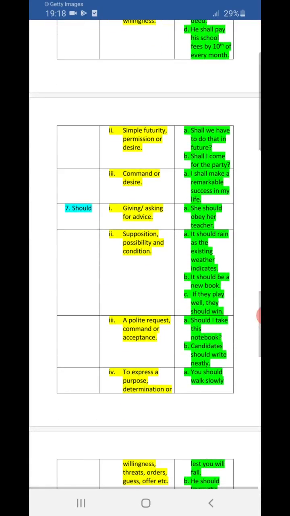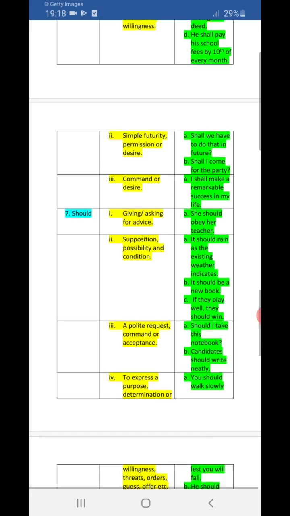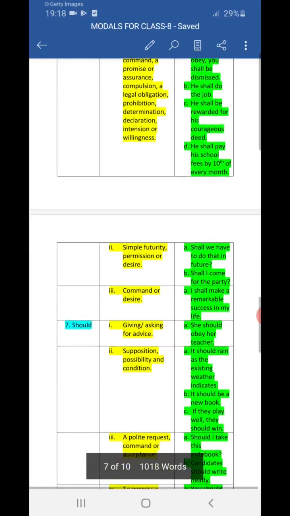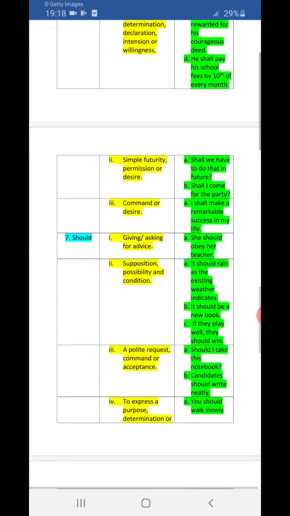Next, number 2. Simple futurity, permission, or desire can be expressed with the help of the modal shall. Let's see. Example number A. Shall we have to do that in future?